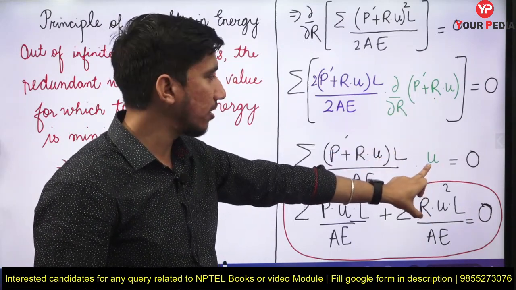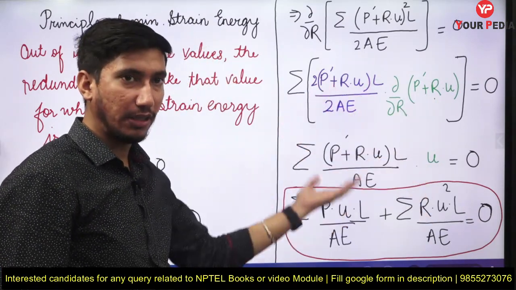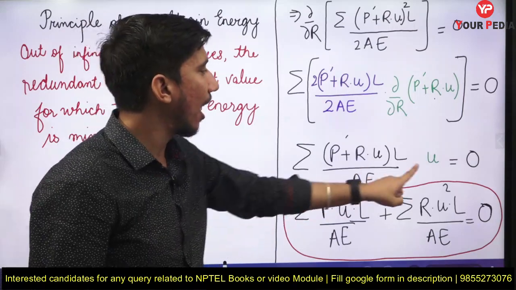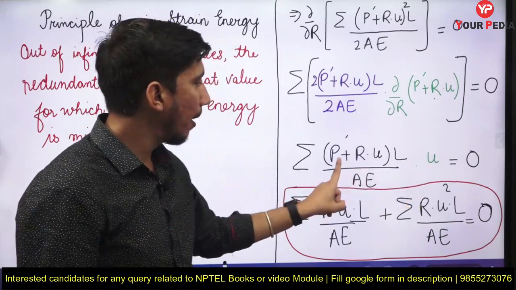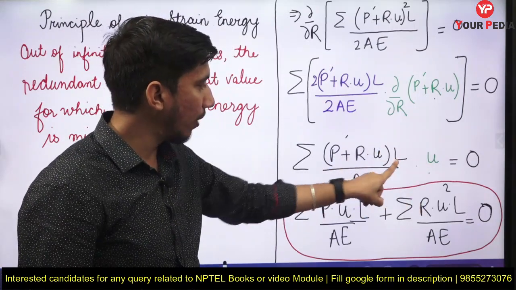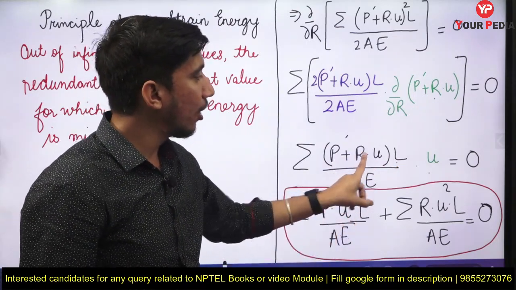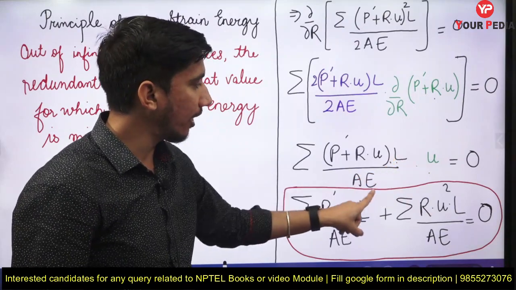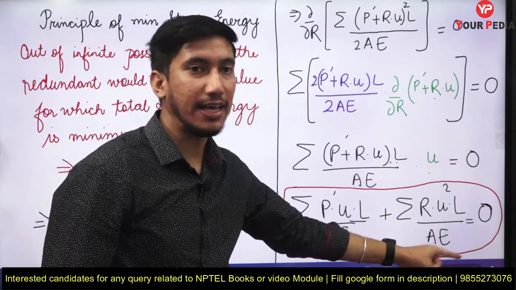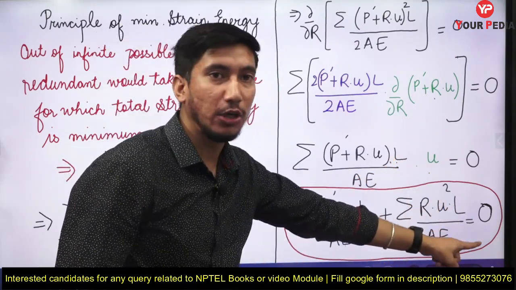So the answer for this is U, and this is common, which we brought down from here. When we multiply this to this, we get P dash into U into L upon AE, and we have R U square L upon AE. The sum of this will be equal to 0.